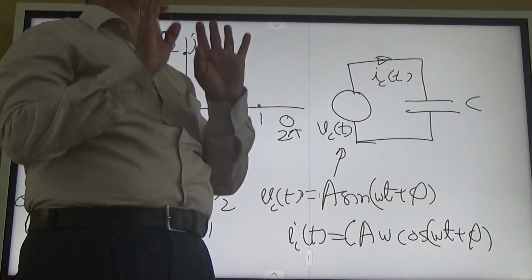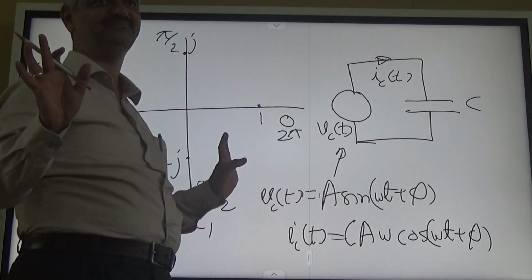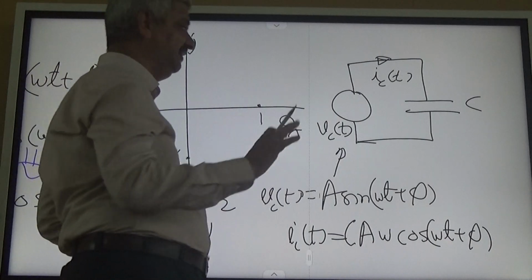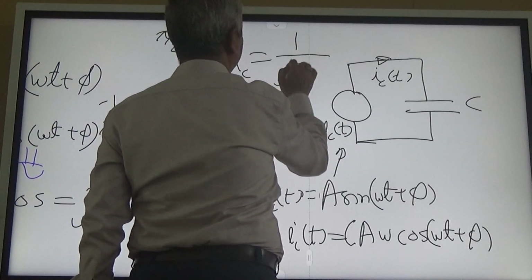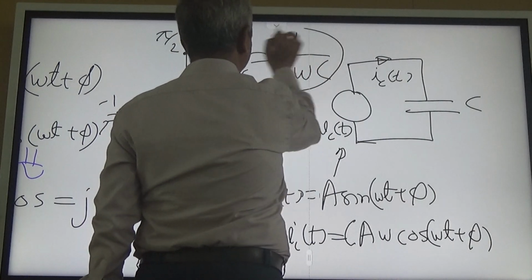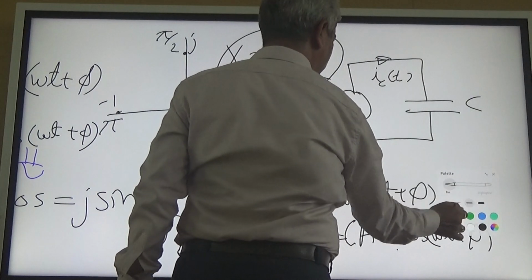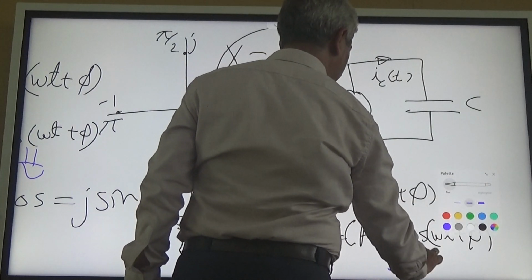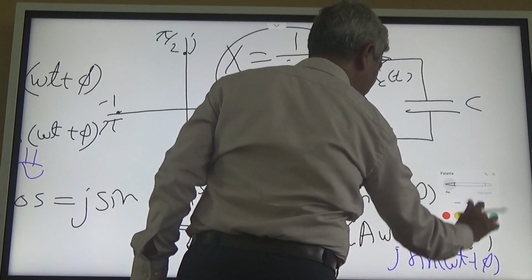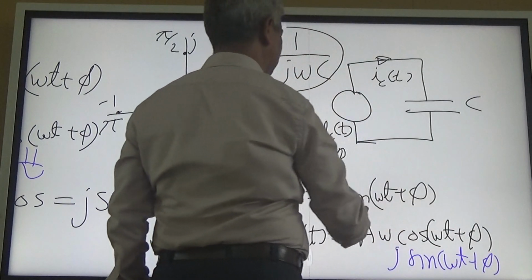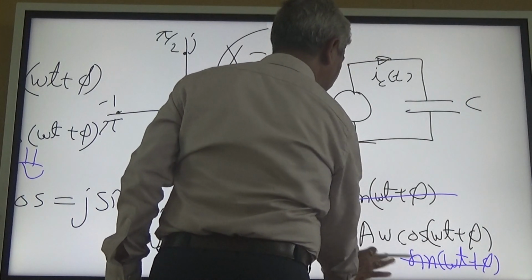So here you use this simple technique that cos equal to j sine. So directly what you have heard, xc equal to 1 upon j omega c, right? Because cos becomes j sine omega t plus phi, and then obviously this gets cancelled, sine gets cancelled.